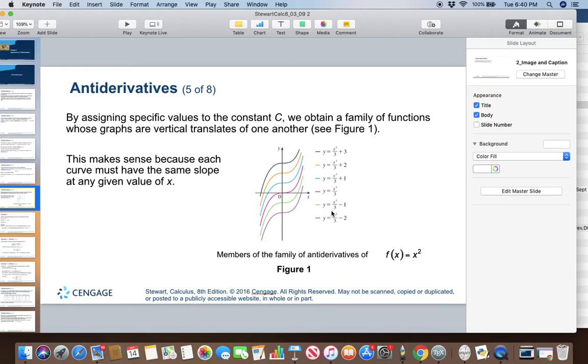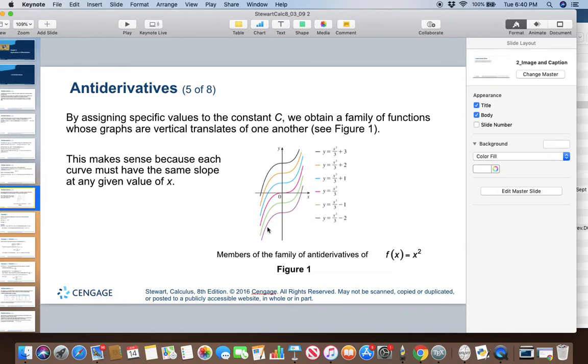If I subtract 1, I drop 1 unit. If I subtract 2, I drop from here 2 places. If I add 1, I lift this 1 place above. Here I lift this 2 places above. Here I lift 3 places above, and so on. So they all have the same slope.